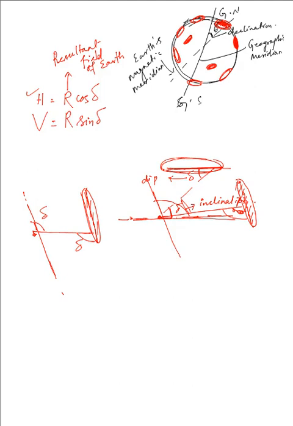And this actually helps us in how does this horizontal component affect us. Well, the horizontal component affects various things, because this horizontal component will be aligned along the surface of the earth.